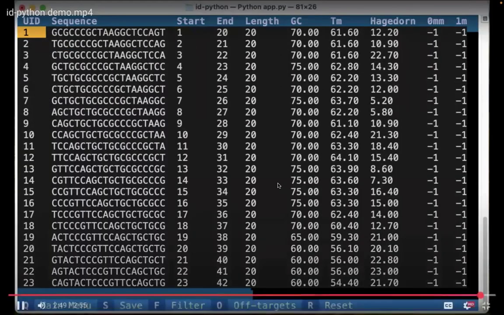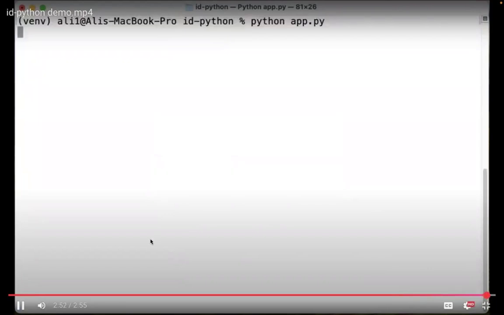It ran off targets again. Yeah, just did that.